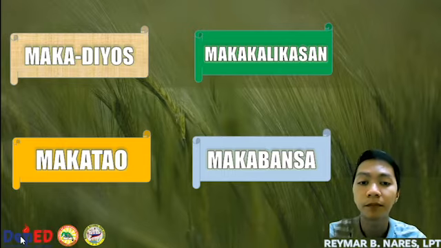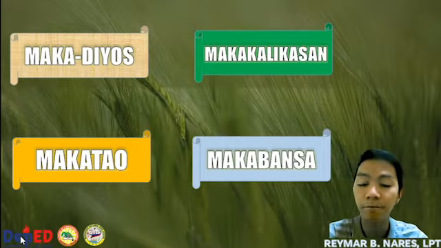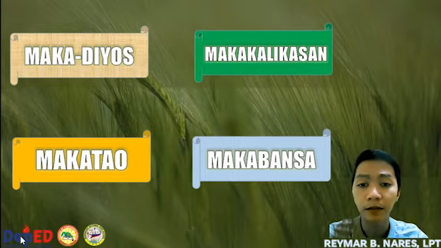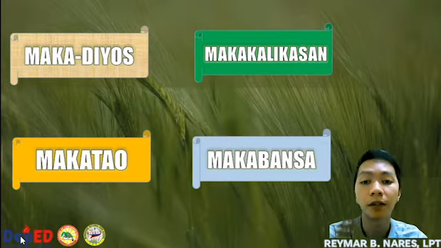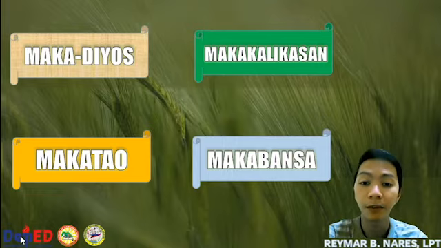Parte tayo ng lipunan, parte tayo ng komunidad. So, bawat isa sa atin, kung tayo ay magiging mabuti at kapaki-pakinabang na mamamayan, at sa buhay natin itong ating core values, ay lahat tayo makakaasa na ang komunidad natin, ang lipunan natin, ay magiging maayos at maganda.